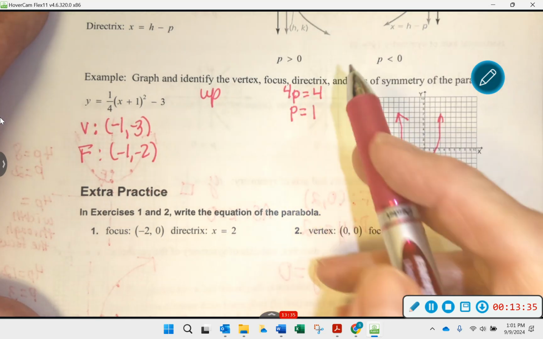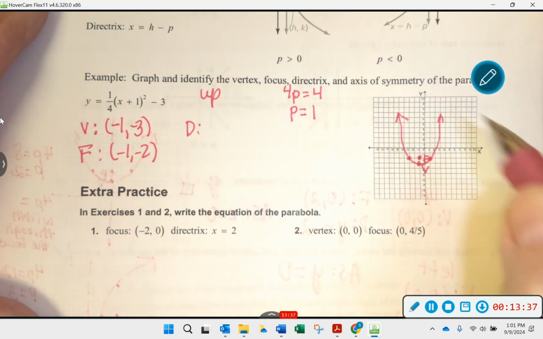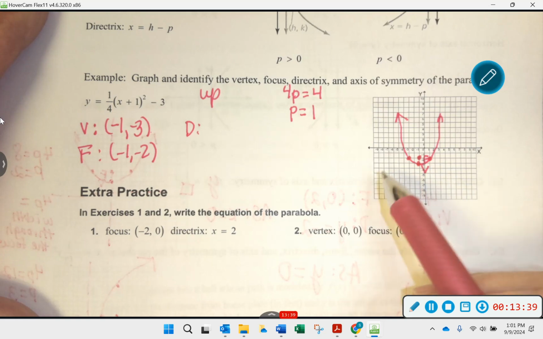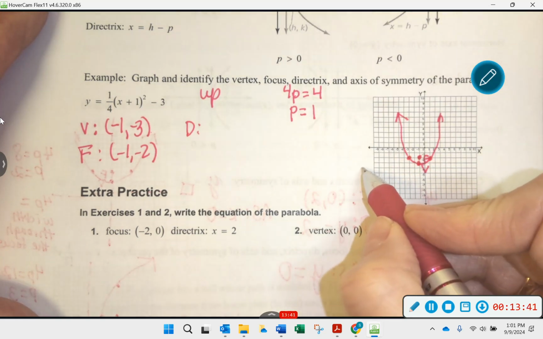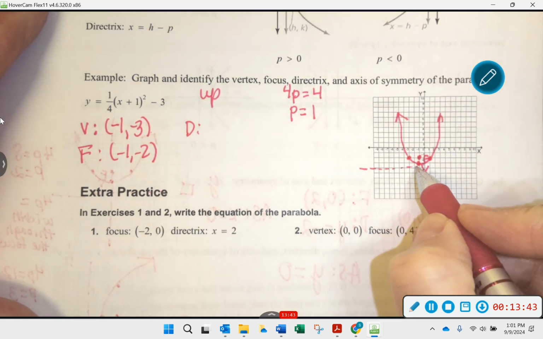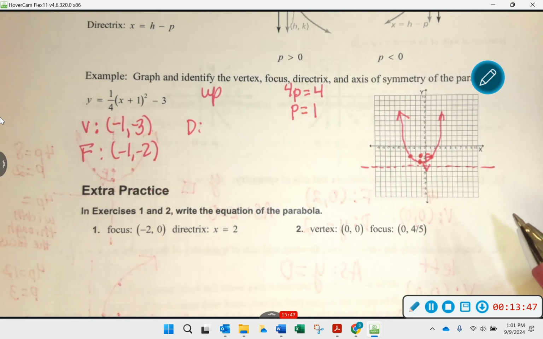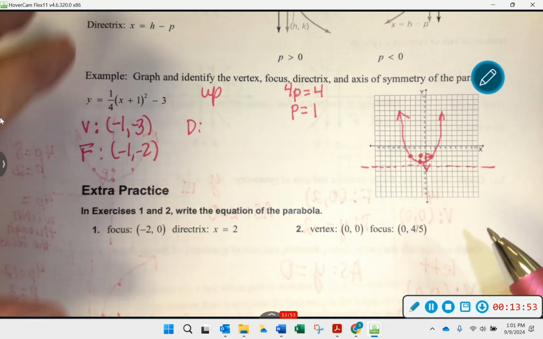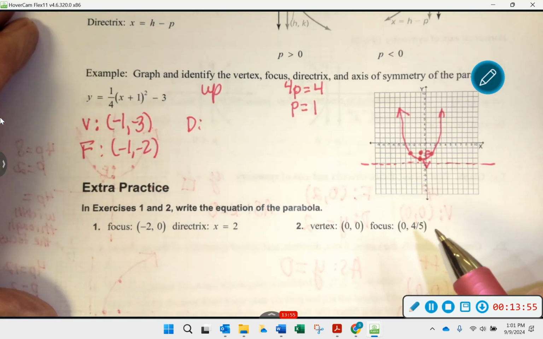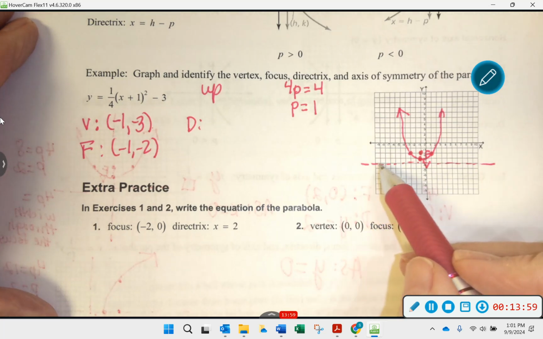All right, directrix. You guys find the equation of the directrix now. It's this line. Do you know it? Here's the directrix.